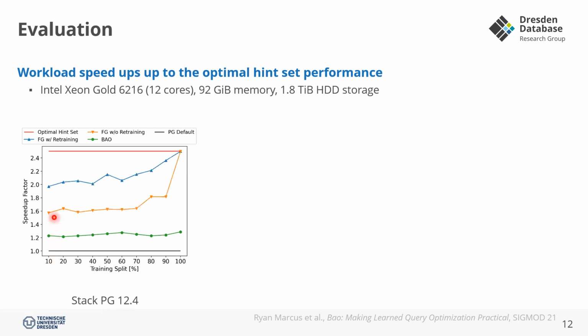And you can see without a retraining component, we get a speed up of 1.6, and then the speed up increases until it reaches optimal performance. And if we enable this intelligent retraining I've shown with the critical query detection, you see we start with already a speed up of 2.0, and you can also see that the number of critical queries, of course, decreases.